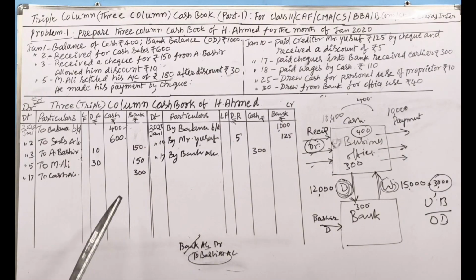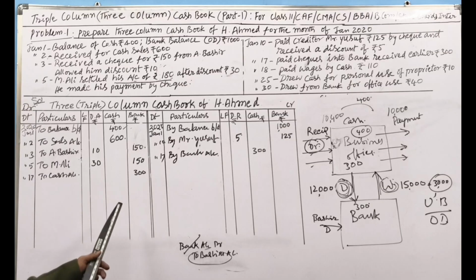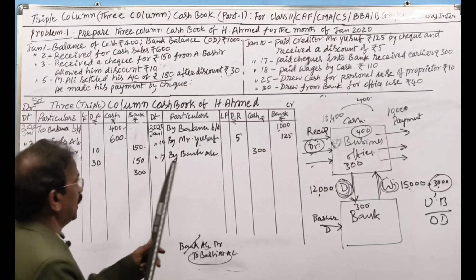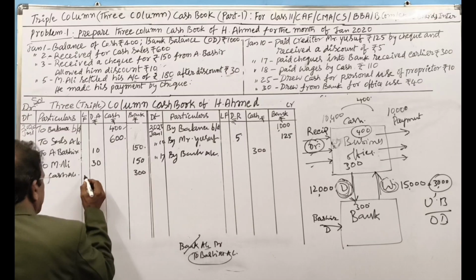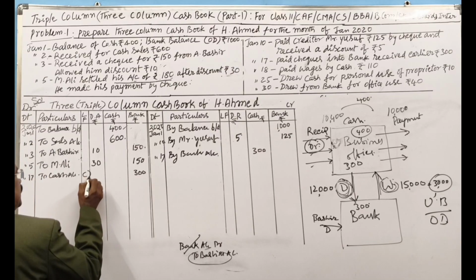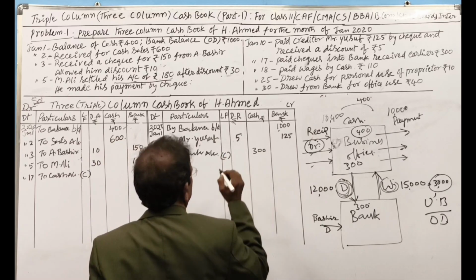Since we have entered 300 on both sides, it is called a contra entry. Contra means opposite. The 300 is debited as well as credited. Since it is coming on both sides, you should write C in the LF column. C in the LF column.